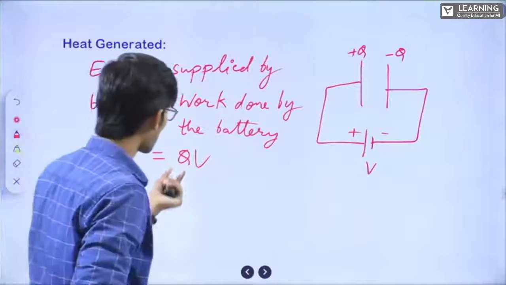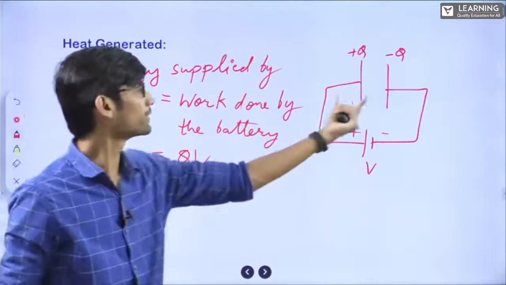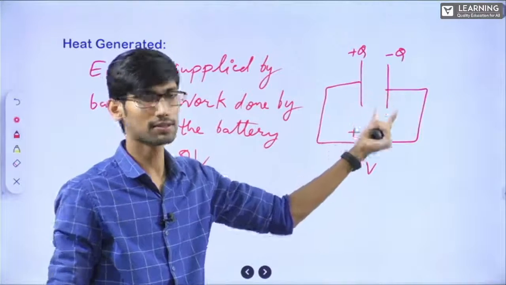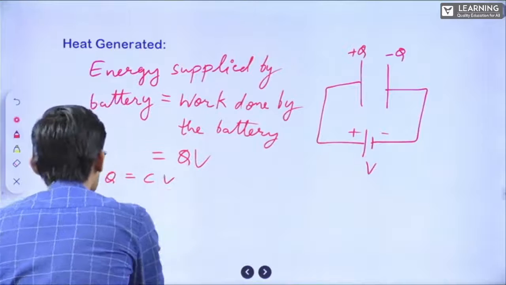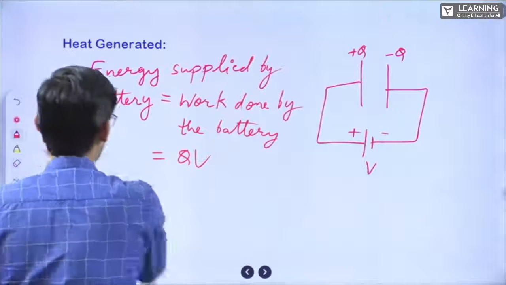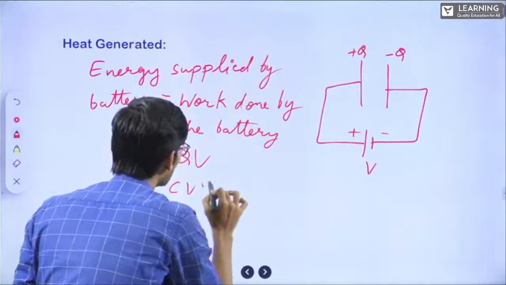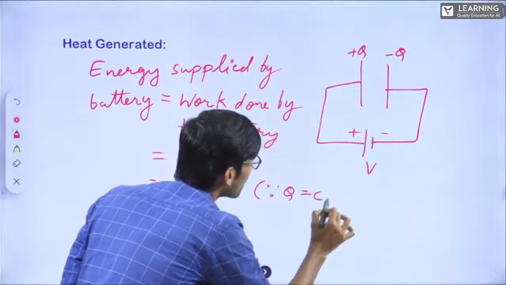Now, if I want to write it in terms of capacitance, I can write this Q as CV. Q is equal to CV. So from here, this will be CV into V, since Q is equal to CV.